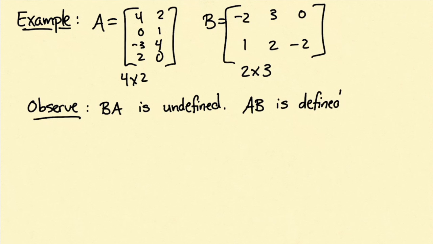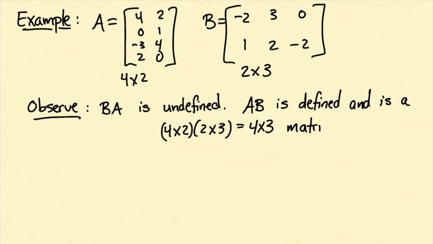The product A times B, a 4 by 2 multiplied by a 2 by 3, gives us a 4 by 3 matrix. This is a good thing to keep in mind as a sanity check, just to make sure that what you're doing makes sense. So the first column of our matrix AB is the matrix A multiplied by the column minus 2, 1.